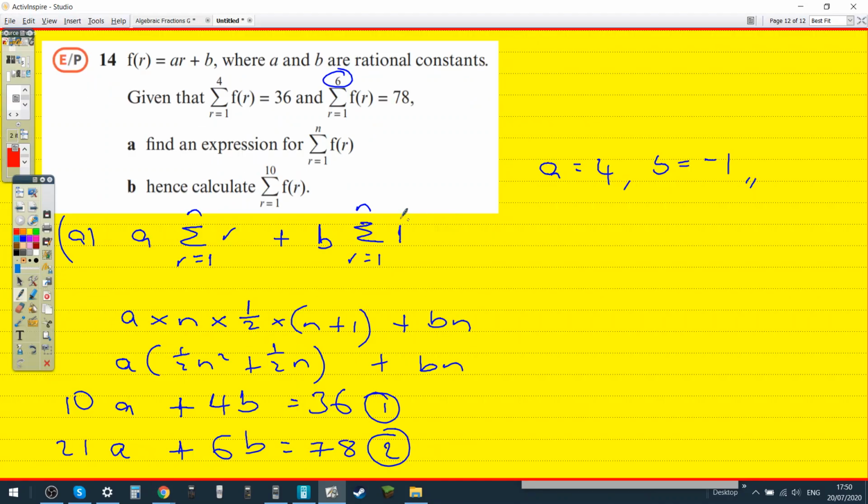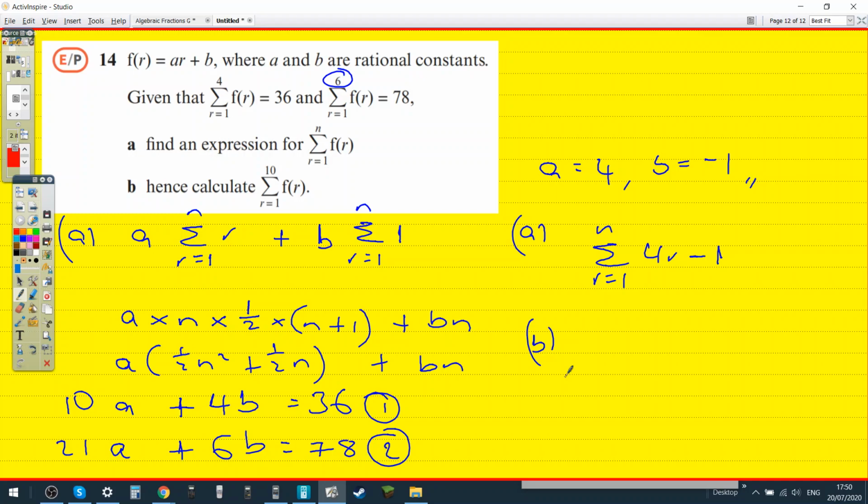Oh, sorry, we were supposed to calculate something. Do you just substitute 10 in the whole thing? Hold on, don't get ahead of yourself. So a is 4, so 4r, b is minus 1. That's what we're supposed to do. And then b is sub 10 in for n, basically. Okay.